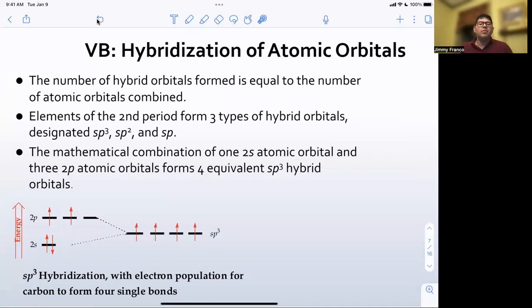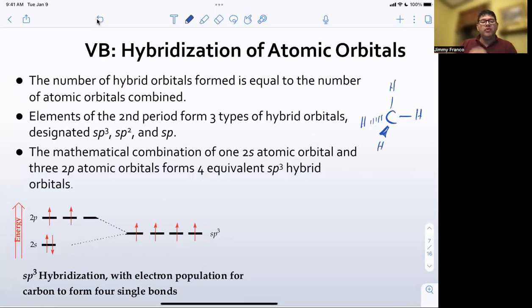Now, where this comes from is that the s should be a sphere, the p should be this hourglass, but in reality, they don't actually look like that. They all look the same, right? So in methane, for example, it's something that looks like this.